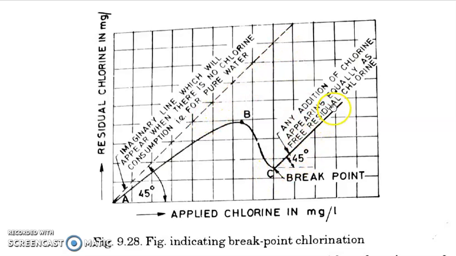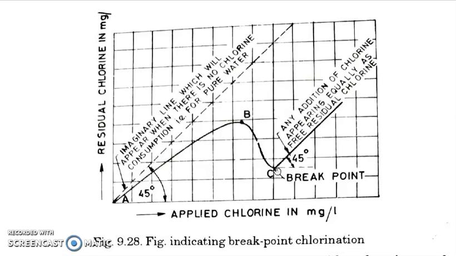Now what is the meaning? From this point onwards, whatever amount of chlorine you are applying, everything is going to come out as a residual chlorine value, because up to this point the chlorine demand is completely satisfied. Whatever chlorine is required by the water, everything is used up. All the organisms are killed, all the organic matter is oxidized.